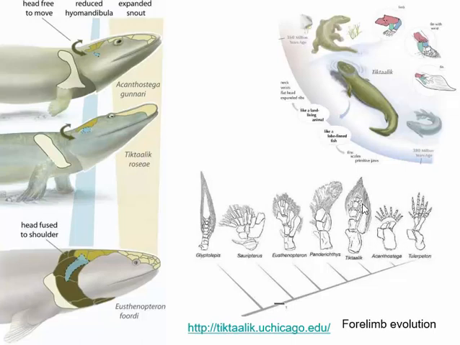In Tiktaalik, we have this intermediate type form where you've got this cluster of bones, which would be sort of like wrist bones, and then these smaller, skinnier bones out on the end, not quite fingers yet. And so this is very much a transitional form. But we do see the one bone, two bones, and then the cluster of little bones. So these are homologous structures that we see in our own forelimbs, our arms.